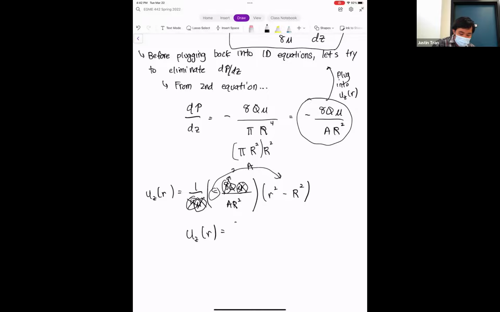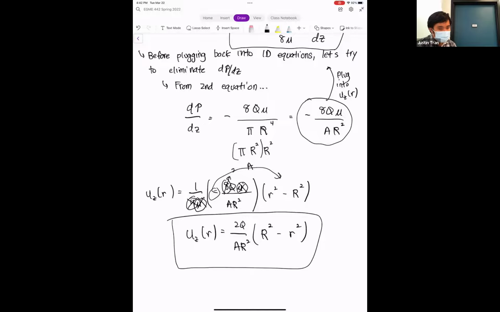UZ is going to be 2q divided by A R squared, multiplied by big R squared minus little r squared. And so through the assumption of a parabolic profile, we now have something that we can plug back into the 1D equations. Okay.